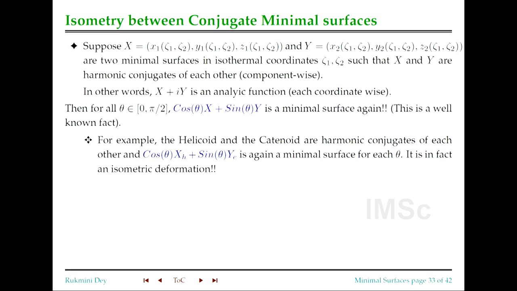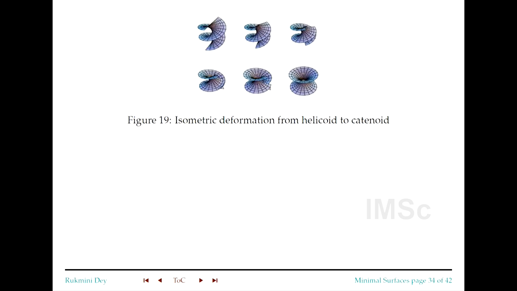Before going into the Ramanujan identity, there is a beautiful fact that there is a whole family, an isometric deformation, from the helicoid to the catenoid, such that at every stage it's a minimal surface. You see the topology is changing. The helicoid has a very different topology from the catenoid, but you can still go from one to the other through a family of minimal surfaces.